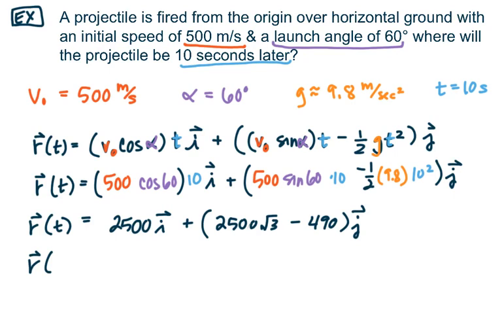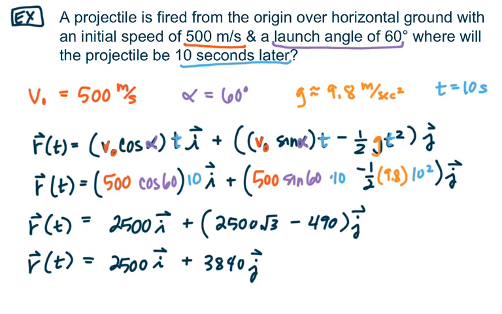Or if we approximate that, we'll have roughly 2500 i, and the decimal value for 2500 root 3 minus 490 will be plus 3840 j.